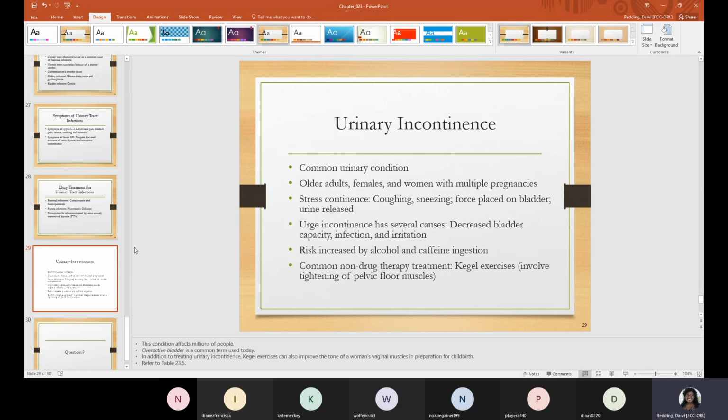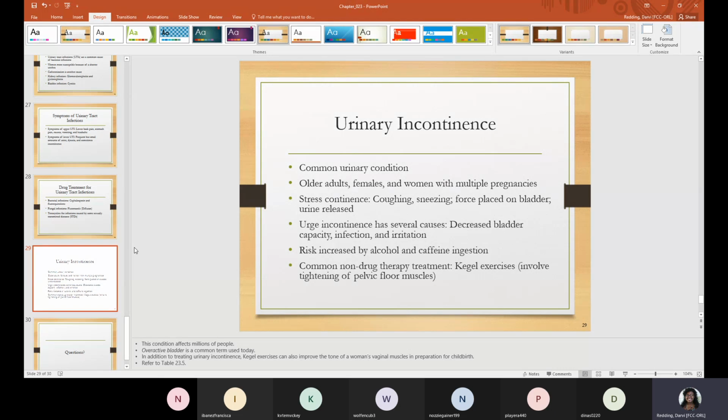With urinary incontinence, that means the person goes to the bathroom a lot. Urinary incontinence is a common urinary condition. It's more seen in older adults, females, and women with multiple pregnancies.